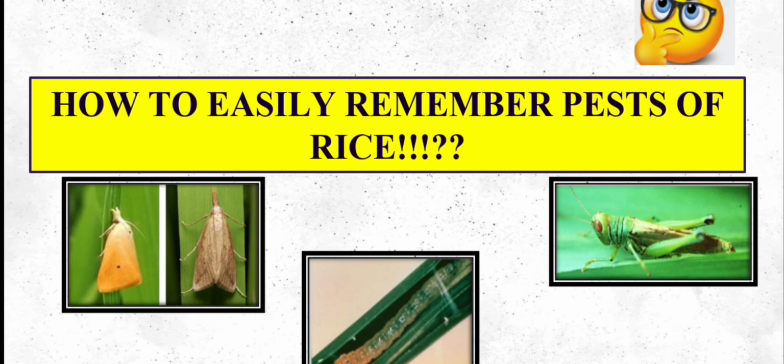If we remember these points, we can elaborate it and write a very lengthy answer of 8 marks also. We can shortcut and write a small answer for 2 marks also. So in this way we need to categorize each pest of each crop, and we can easily remember the main important points of that pest.